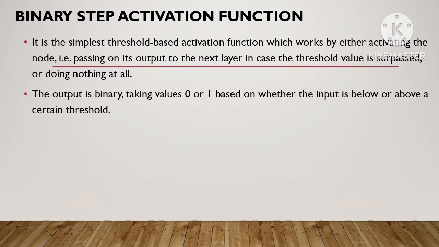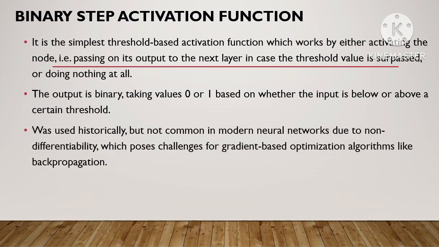The output is binary, taking a value of 0 or 1 based on whether the input is below or above a certain threshold. It was used historically, but is not common in modern neural networks due to non-differentiability, which poses challenges for gradient-based optimization algorithms like backpropagation.